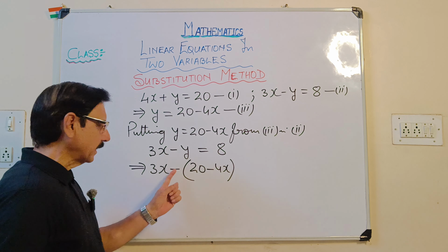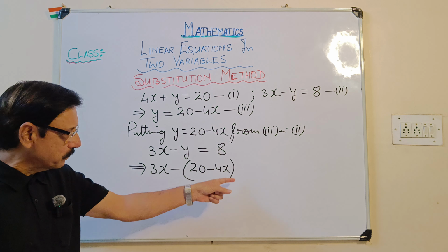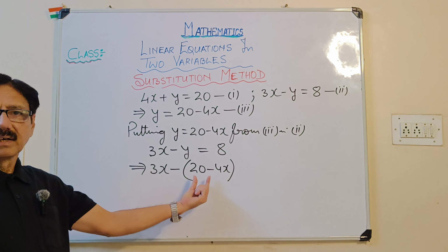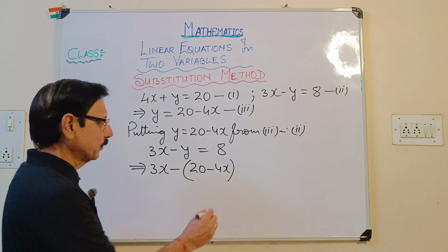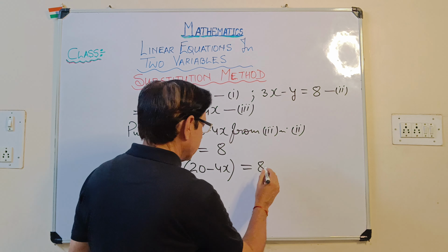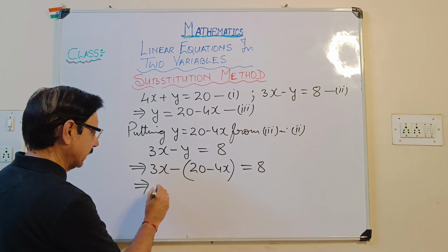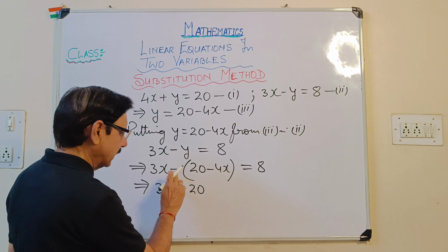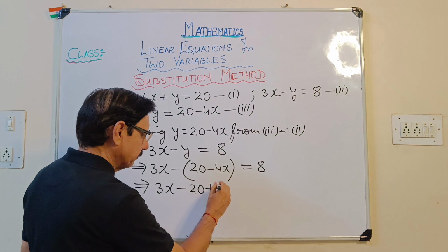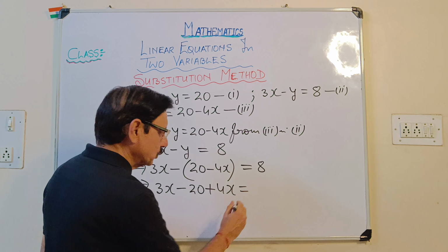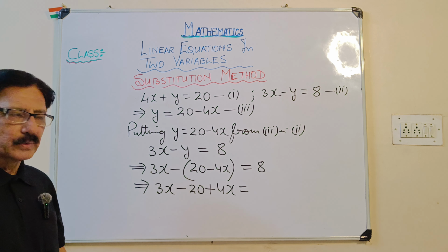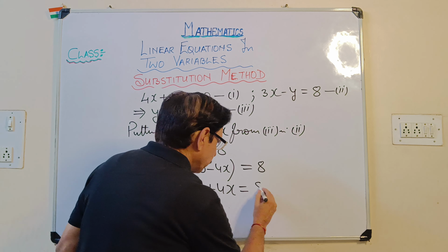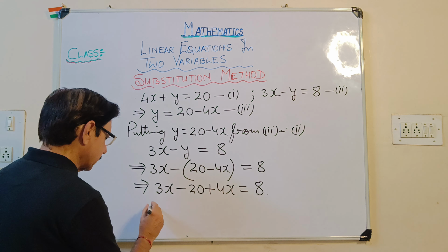Whenever outside the bracket negative sign is there, always keep the complete term in the bracket, is equals to 8, which implies that 3x minus 20, and negative of negative is positive. So you have to use the properties of integers very well, and then only you will get the correct answer.